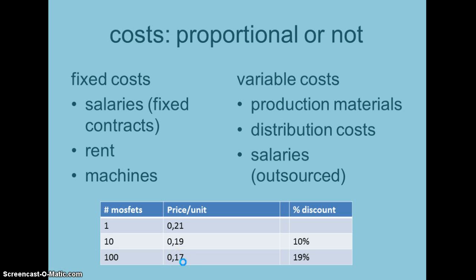So, costs. Well, first it's important to realize that there's two types of costs. Costs that are proportional to the volume of whatever you're producing, and ones that are not. So fixed costs are, for example, salaries, at least salaries of people on fixed contracts, rent and machines.